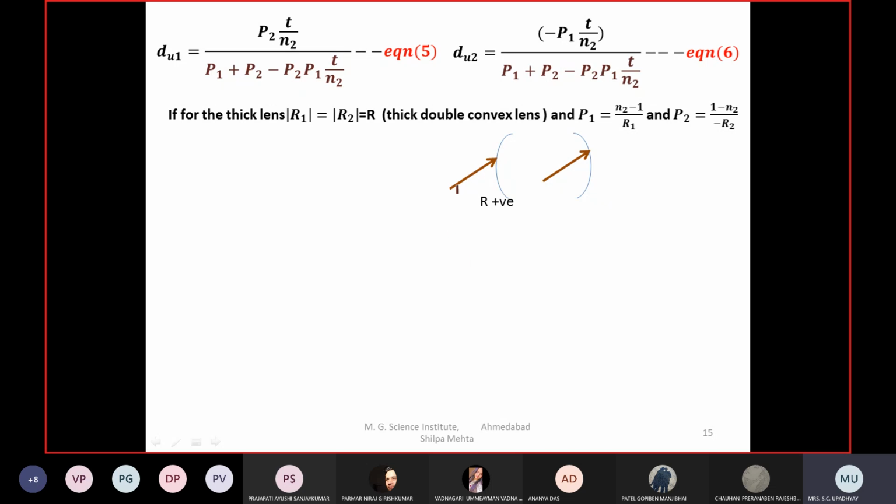Radius of curvature positive consider કરવાની. અને બીજું જે છે સરફેસ એમાં આ રે આ પ્રમાણે ઇન્સિડન્ટ થાય છે અને એનો કર્વ કઈ બાજુ છે? એની ઓપોઝિટ સાઇડ પર. તો ઇફ ધ કર્વ ઇઝ ઇન ઓપોઝિટ સાઇડ, આ જે સાઇડ પર ઇન્સિડન્ટ થાય છે એ જ સાઇડ ઉપર એનો કર્વ છે, આ એની ઓપોઝિટ સાઇડ પર છે. એન્ડ ફોર સચ એ સરફેસ R is as negative.